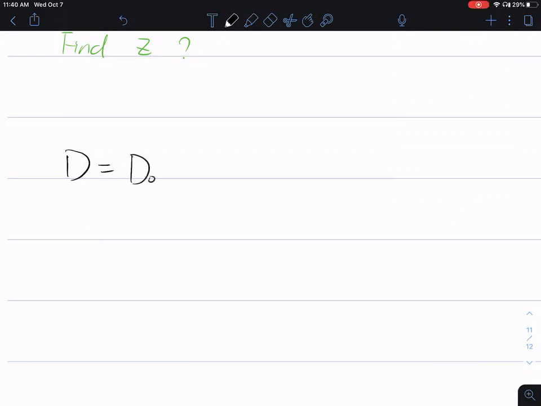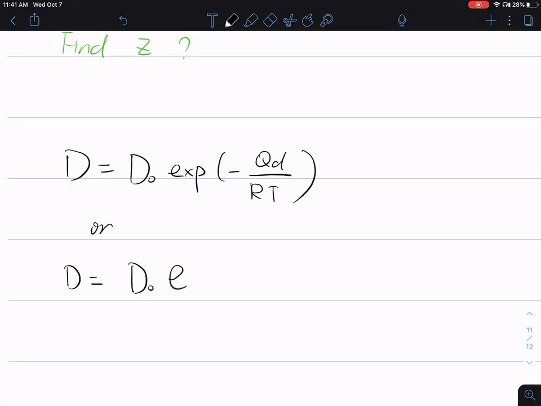D equals D naught times exponential negative QD divided by RT. Or if you prefer a different way of writing it, D naught times e to the negative QD over RT.